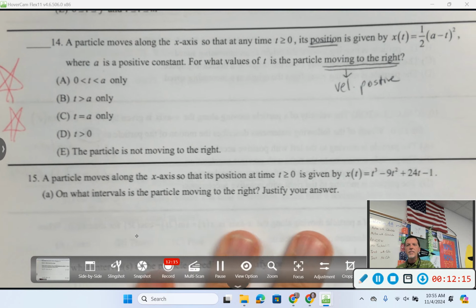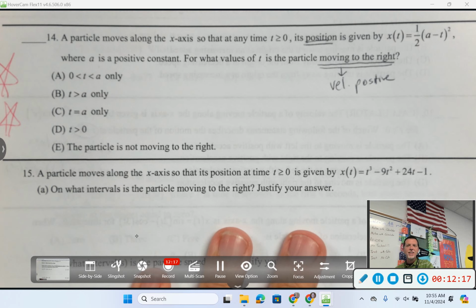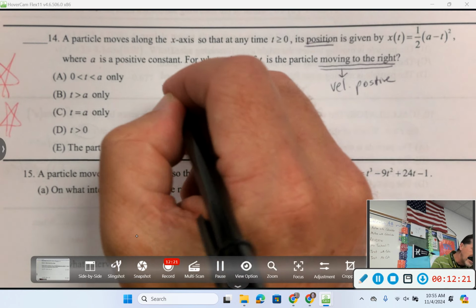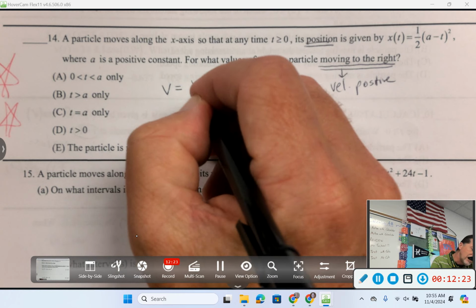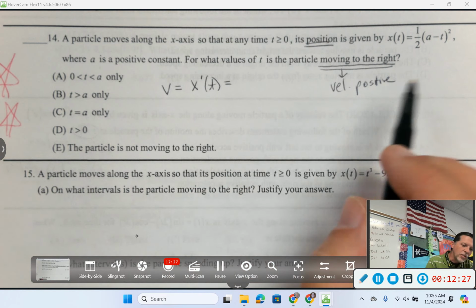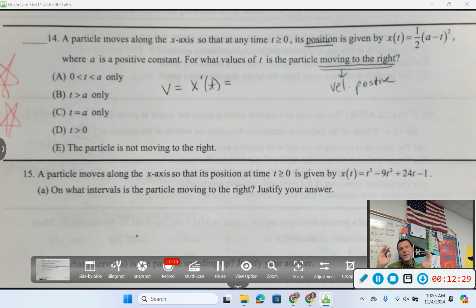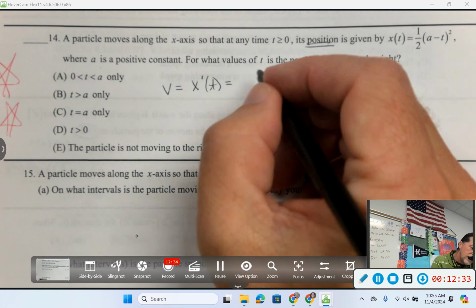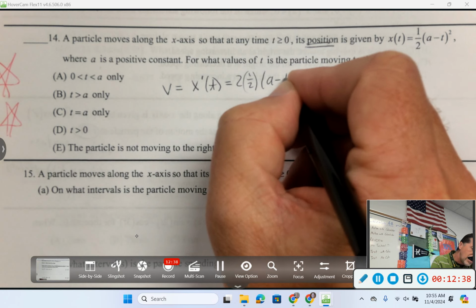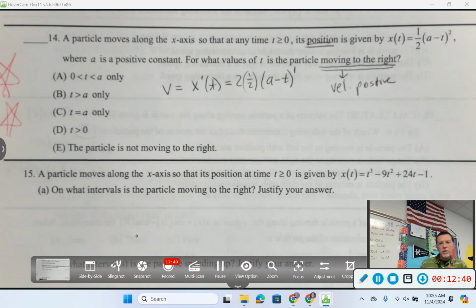Okay. In this question, I don't have velocity. I have position. So how do I get velocity? Take the derivative. So I need to take the derivative of 1/2 (a minus t) squared. All right, we'll bring the 2 down front. (a minus t) to the 1, because we decreased the power by 1.